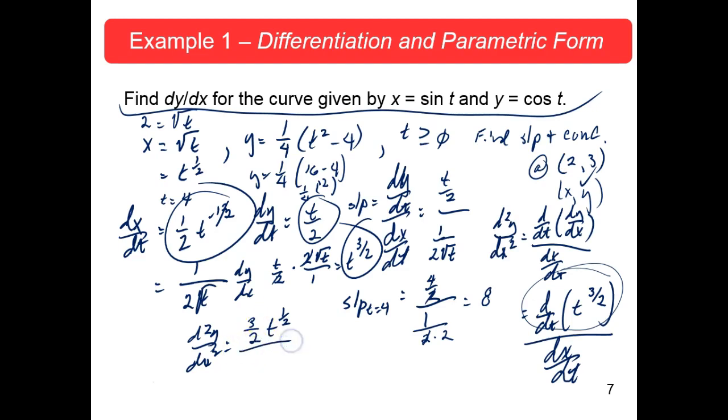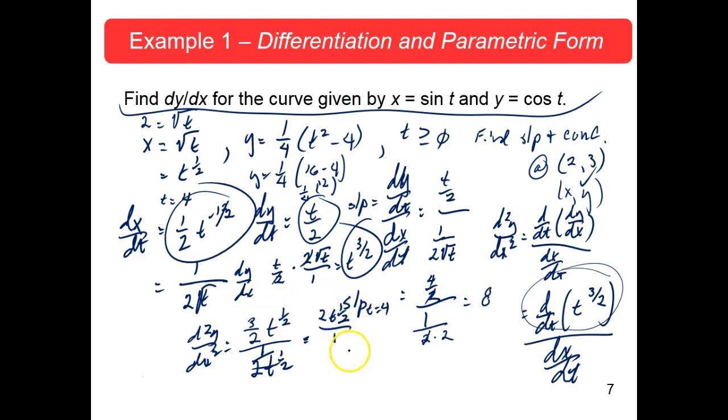Our denominator part, again, was this ugly little thing down here, which was 1 over 2t to the 1/2. So if you flip that over, that'll be times 2t to the 1/2 over 1.